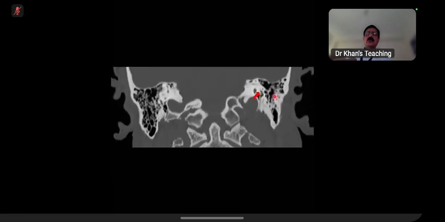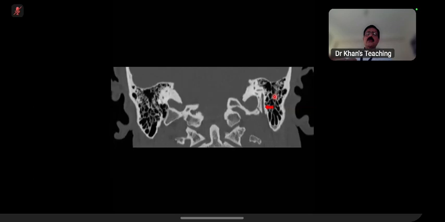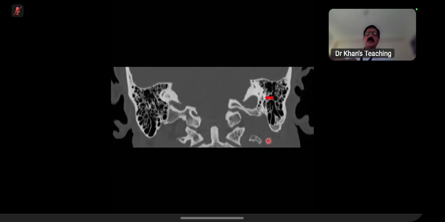And from there, it turns 90 degrees backwards, and this dot here is the tympanic portion. Please remember the landmark: it passes below the lateral semicircular canal. So it is passing below, it goes posteriorly to the mastoid portion, and then it descends down like this. This is the stylomastoid foramen.